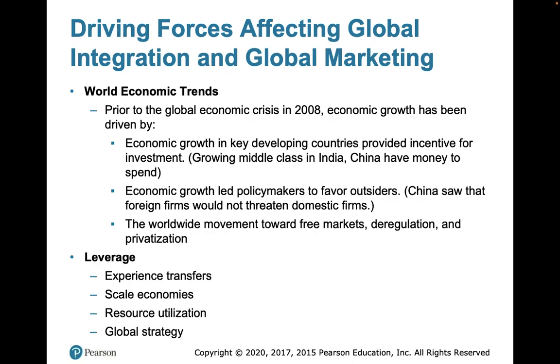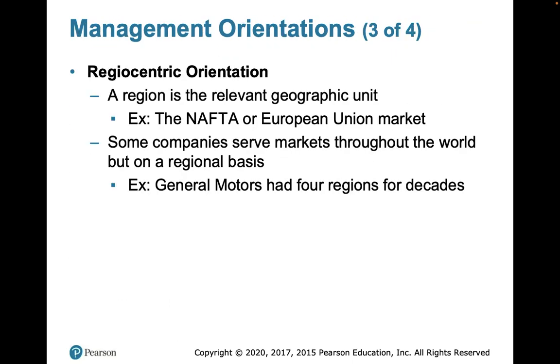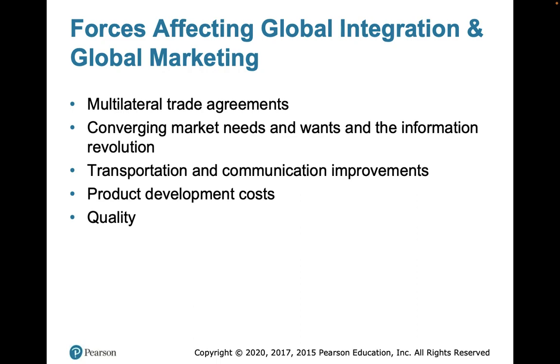Then the world market movement towards free market. There are other things they are trying to propose: free markets, deregulation, and privatization. But this has not been globally accepted, though regions have already started operating on this world economic trend, like NAFTA, the European Union market, and ECOWAS.